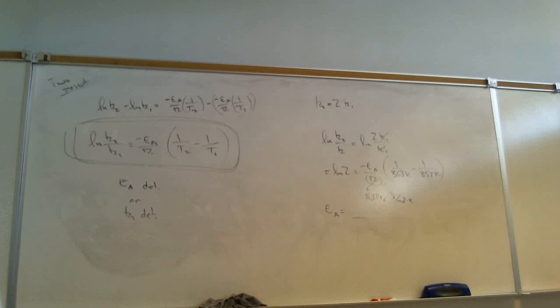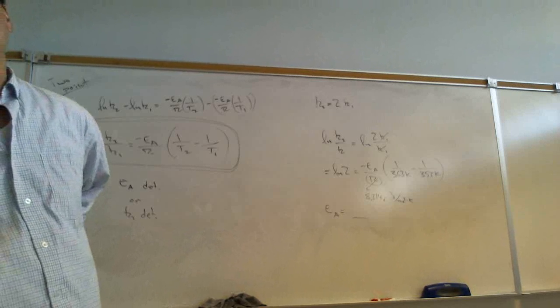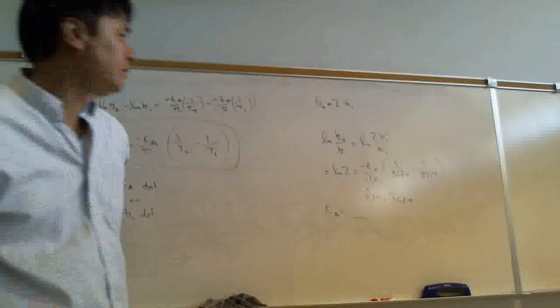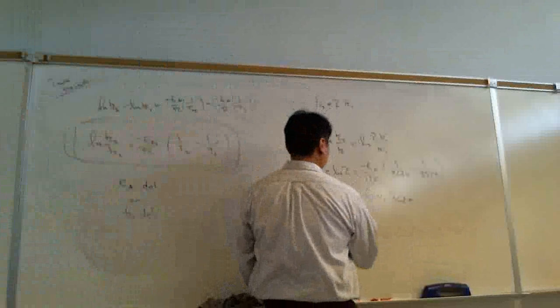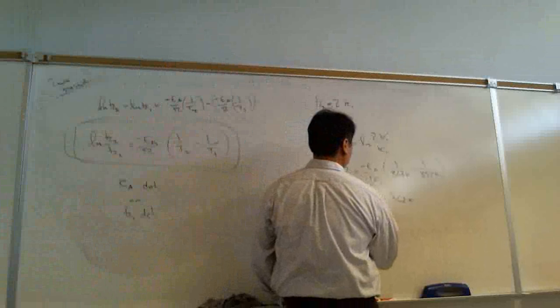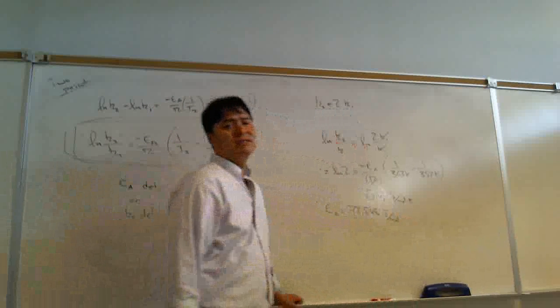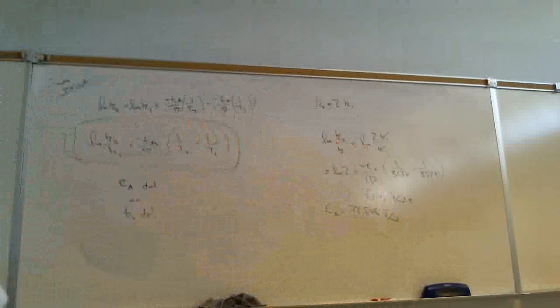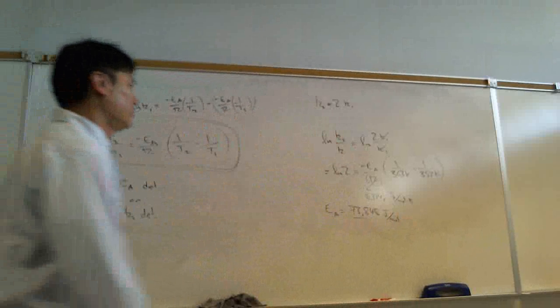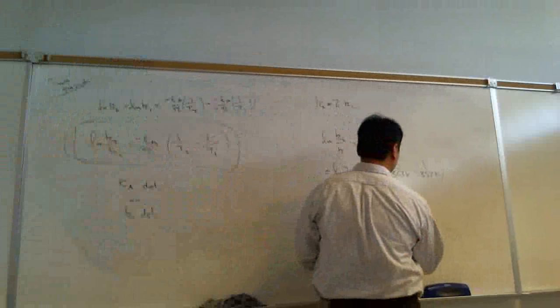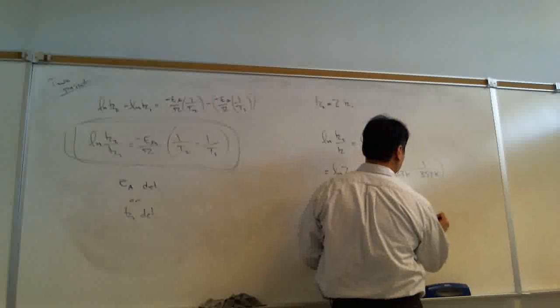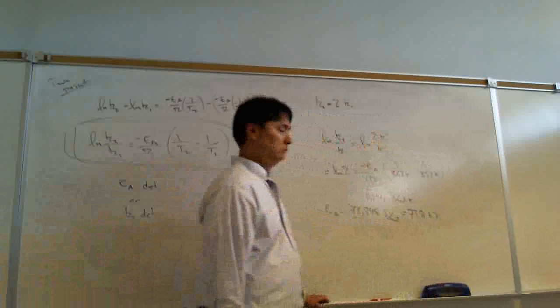This is supposed to be a really big number. Could be. What did you get? 73,848 joules per mole. Let's see if other people got the same. 73,848 would just be 73.8 kilojoules per mole.